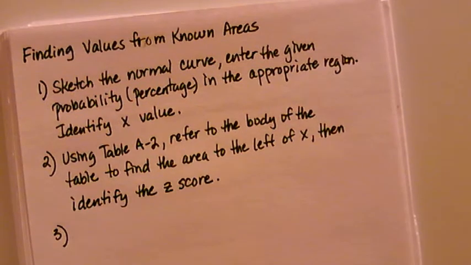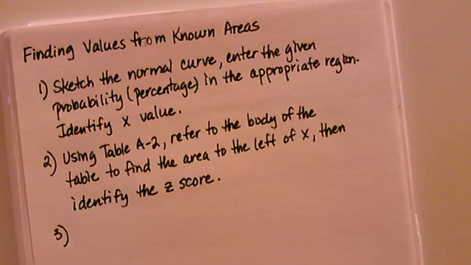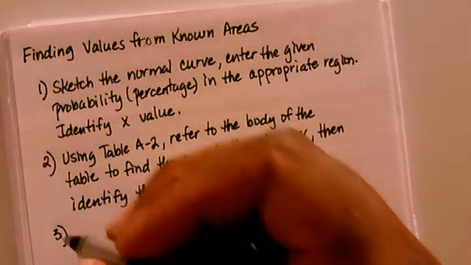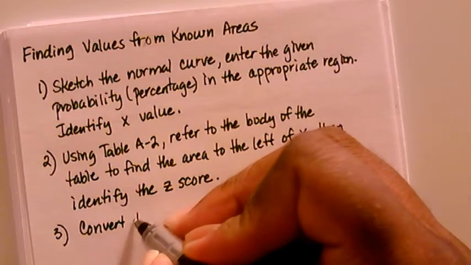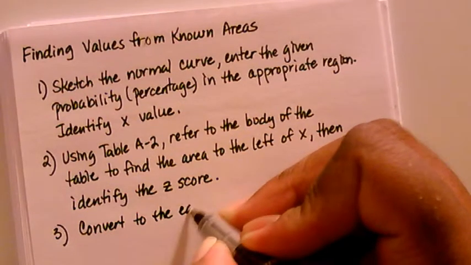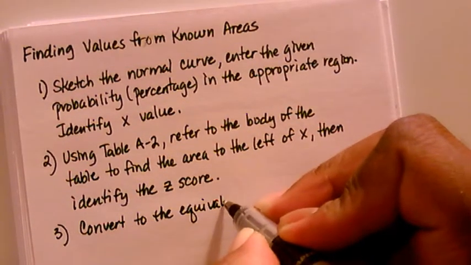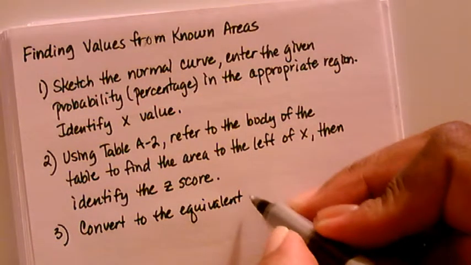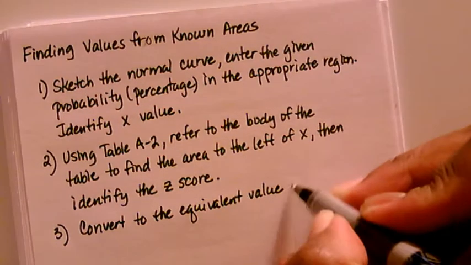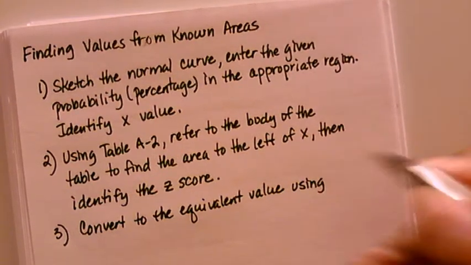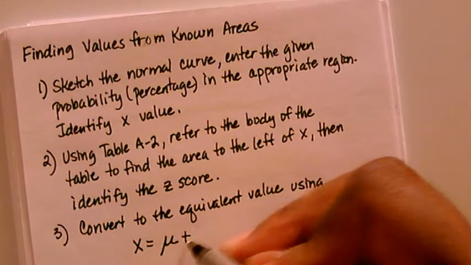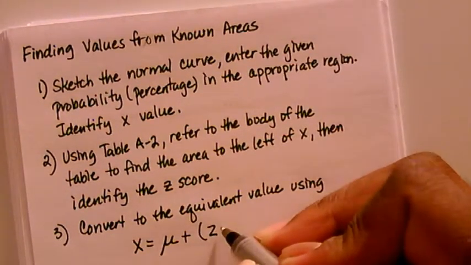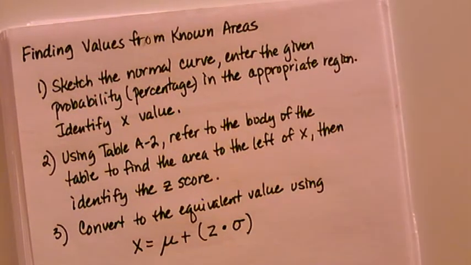Okay. And then step number 3, after finding your z-score, then convert to the equivalent x value using this formula: x is equal to mu plus z, which is a z-score, times sigma.